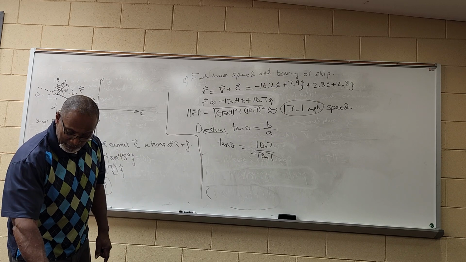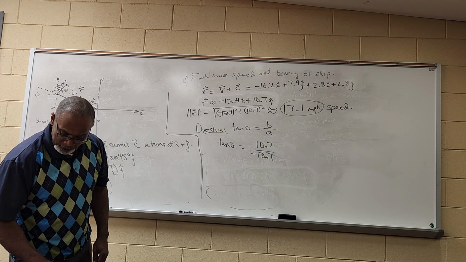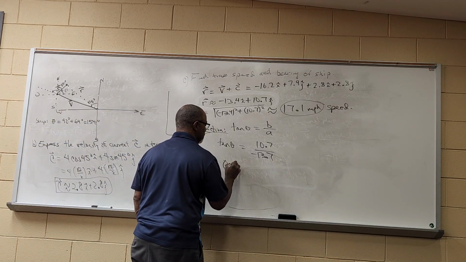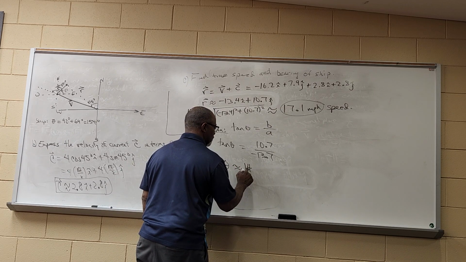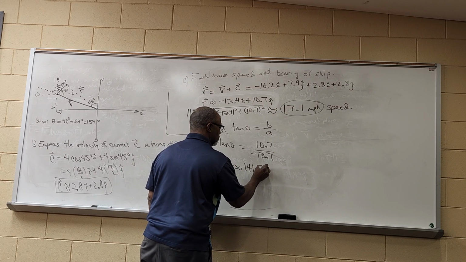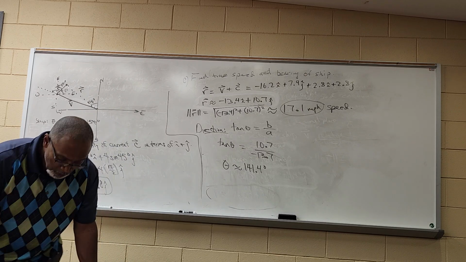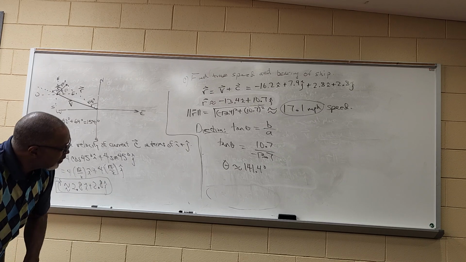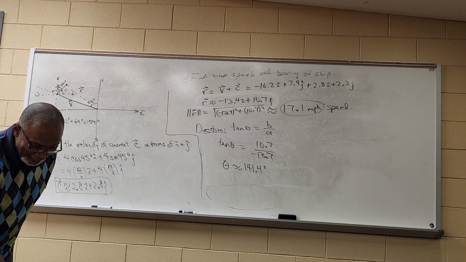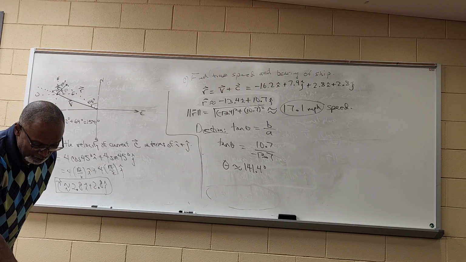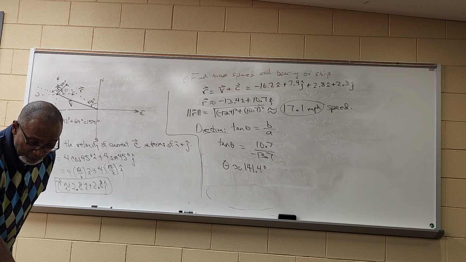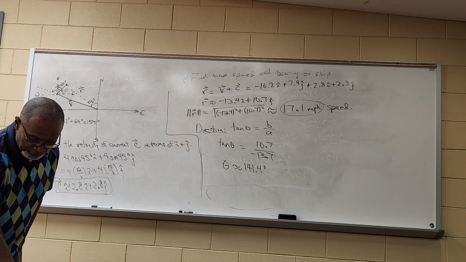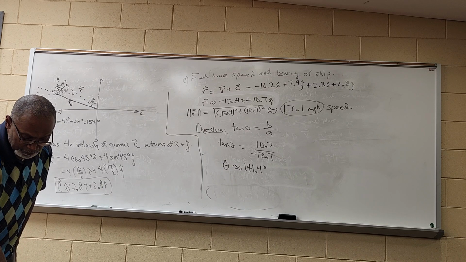And then take the tangent inverse and you'll get approximately 141.4 degrees when you do that in your calculator. Well, I've got to remember that tangent is defined in, they say for theta in quadrant 2, we have theta equals tan inverse of negative 10.7 over 13.4 plus 180, or 141.4.